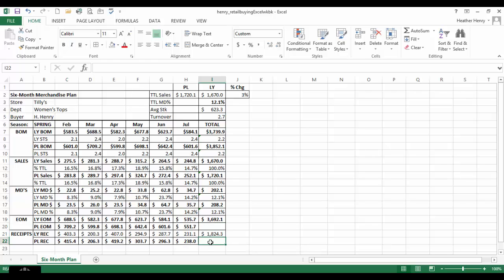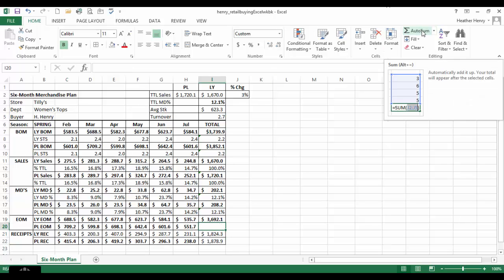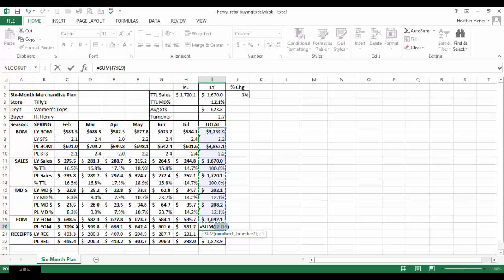So now I can see that my total receipt plan for the 6-month period is about $1,878,900 for February through July. Let's also add up our EOM for the 6-month period as well, since we forgot to do that. So now currently here is my 6-month plan.